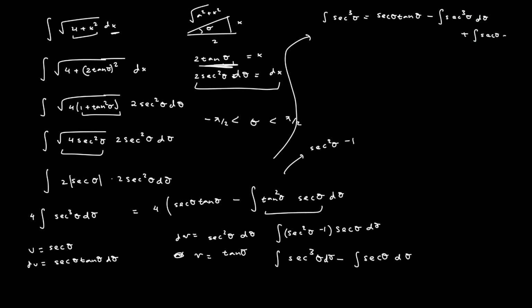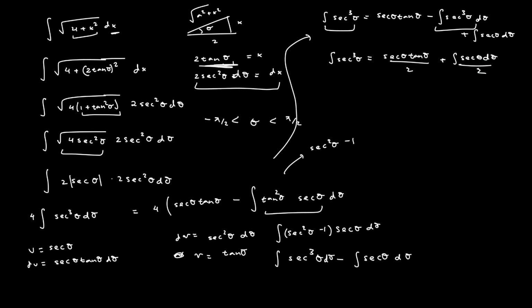We can take this to the other side, because these are like terms, and therefore the integral of secant cubed theta is equal to secant theta tangent theta divided by 2 plus the integral of secant theta d theta divided by 2. So now what we have left over is to find out the integral of secant theta d theta.